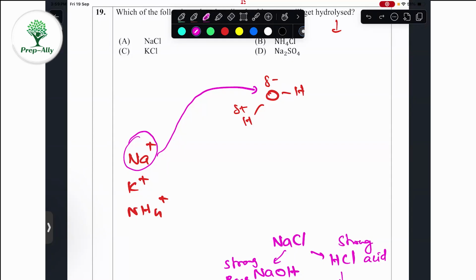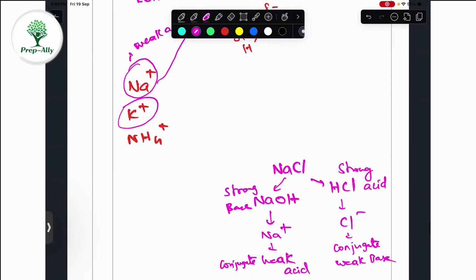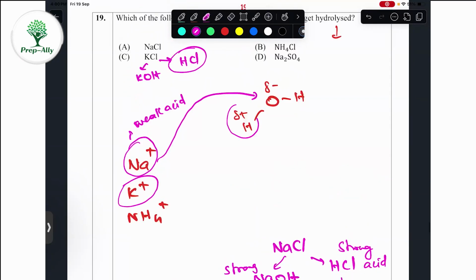So this Na being a weak acid, it can't get electrons from water. Same thing goes for K also, because KOH is a strong base and HCl is a strong acid. Cl minus, we told, is a weak base. It can't accept H plus. Cl minus cannot abstract H plus from water molecule. So water molecule cannot be cleaved, right?